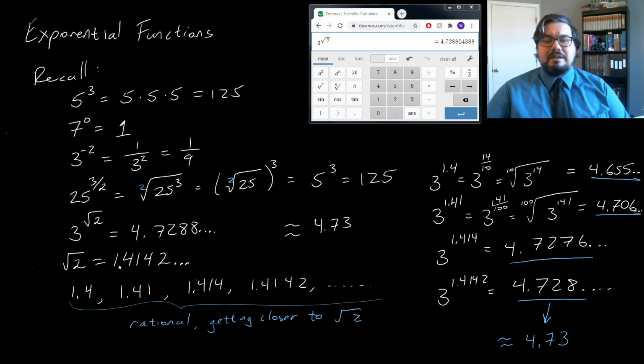Now, this calculator is free to use. It's at Desmos.com. Desmos.com is an excellent website for lots of math tools like this. So that's the point behind how we define exponential functions for irrational numbers.